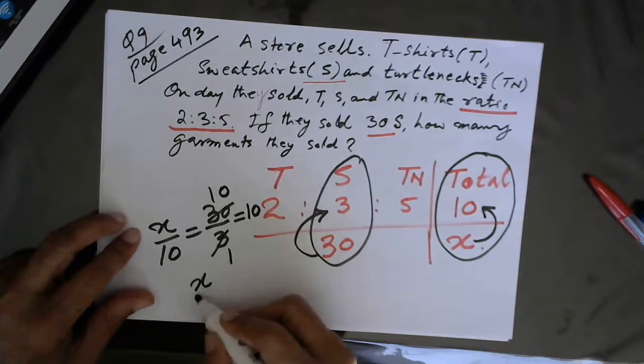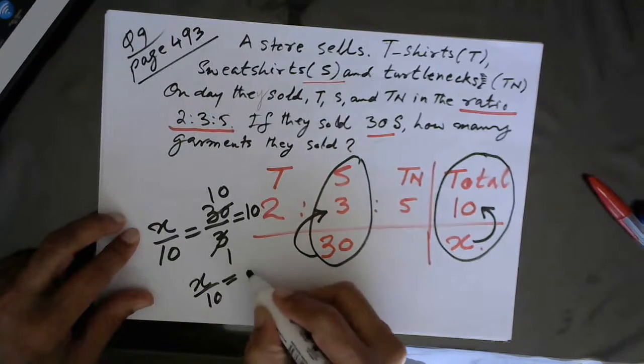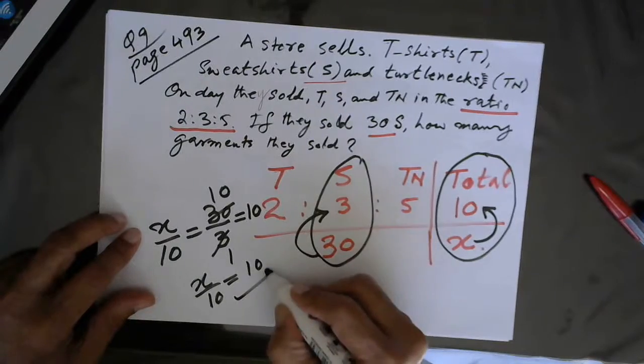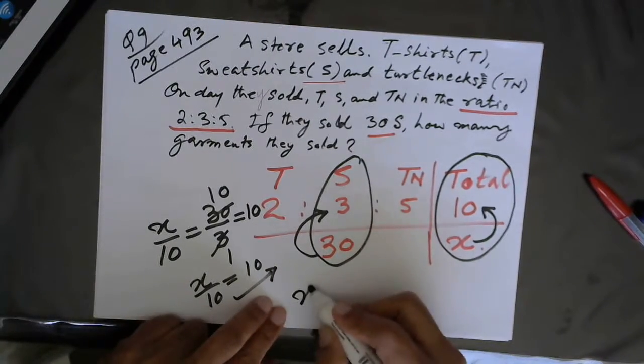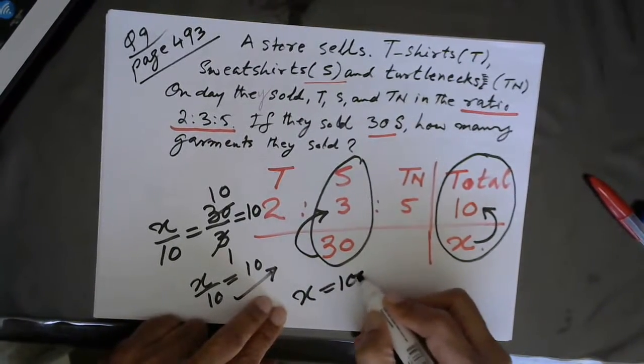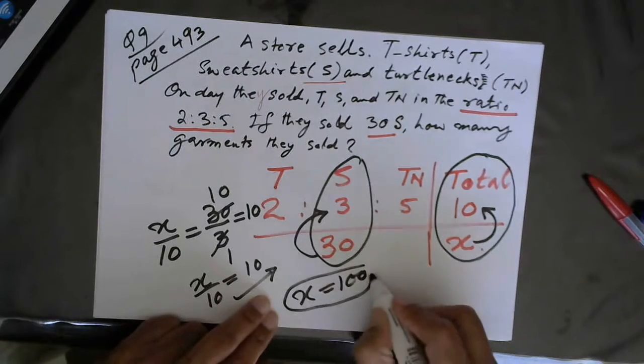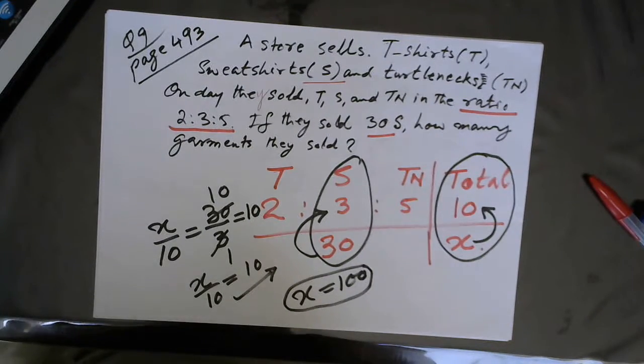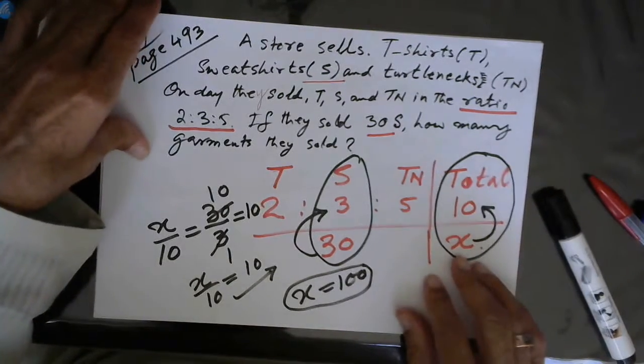So I've got X by 10 is equal to 10. I take this 10 on the other side and I will get X is equal to 100. This is the answer. So they sold 100 garments. I hope it is clear. So that was number 9.